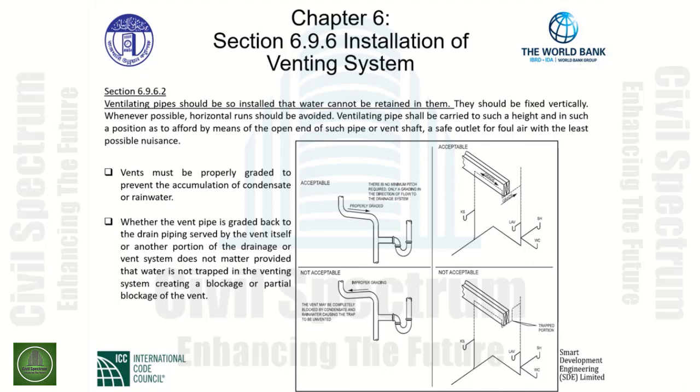As we grade those pipes downward in each case, any water will be channeled downward, not affecting the overall diameter and not causing any blockages in that portion of the venting system.